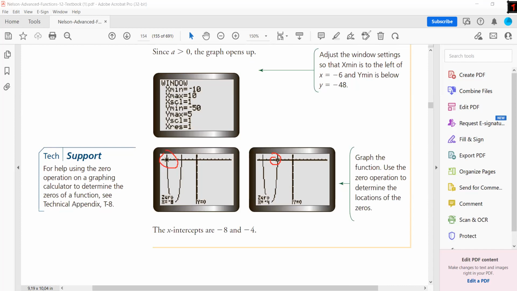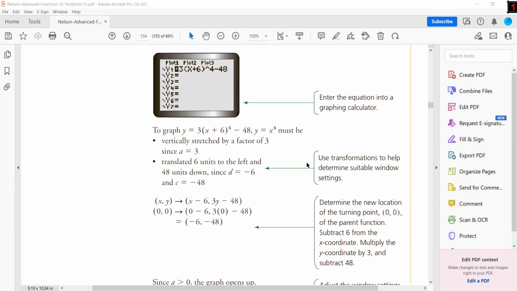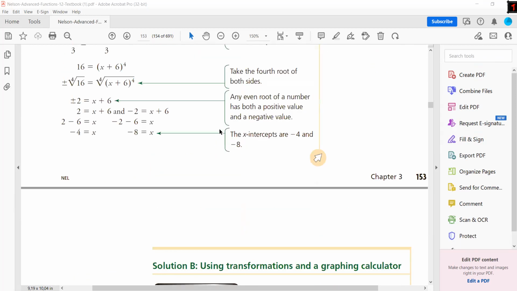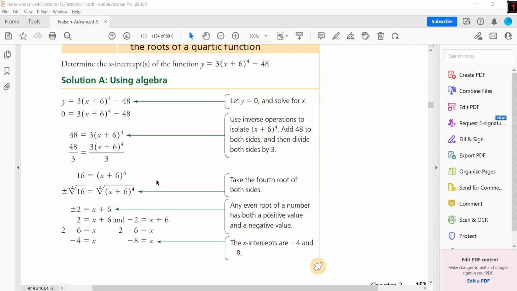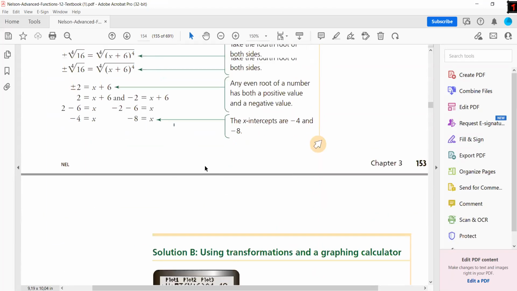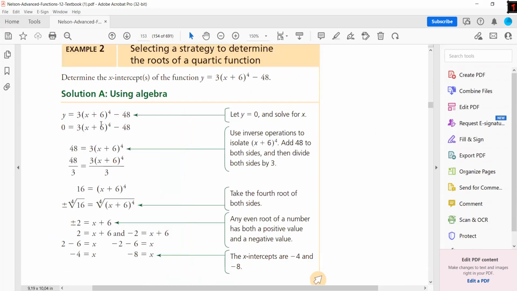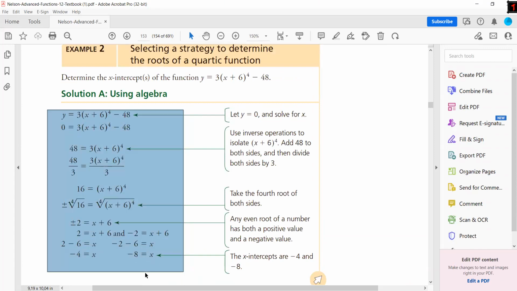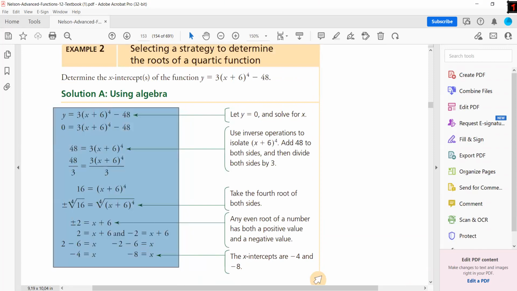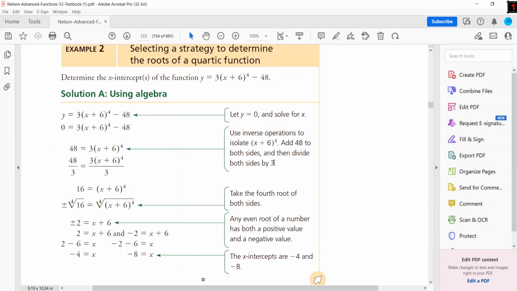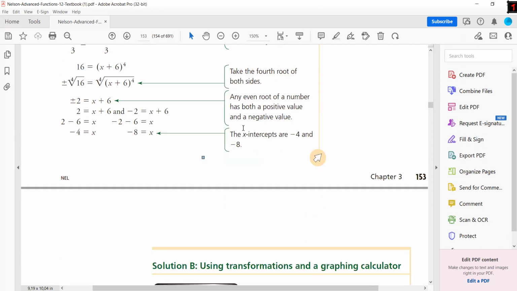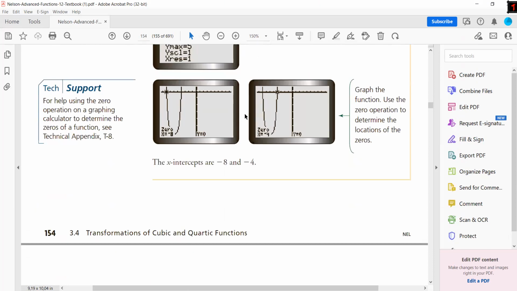Okay, this method has a right to exist. However, it is much more efficient to know the algebraic way of solving these functions, because you won't always have a graphing calculator at hand, right? And this type of equation can be solved easily using the algebraic way. You can see it's not many operations to perform, so why not use algebra when you can?